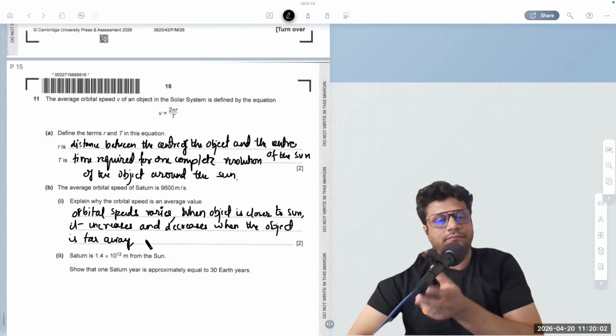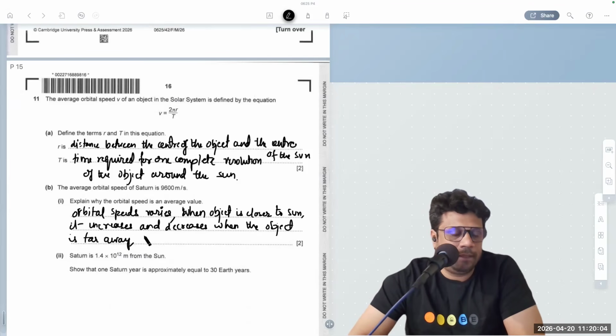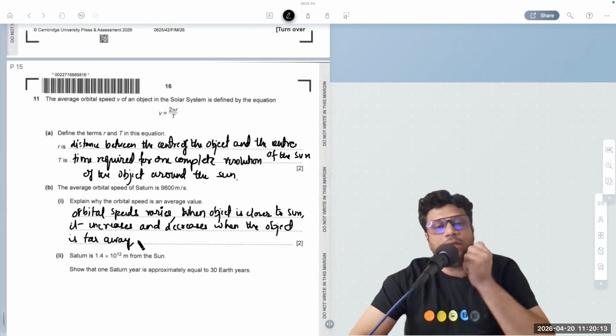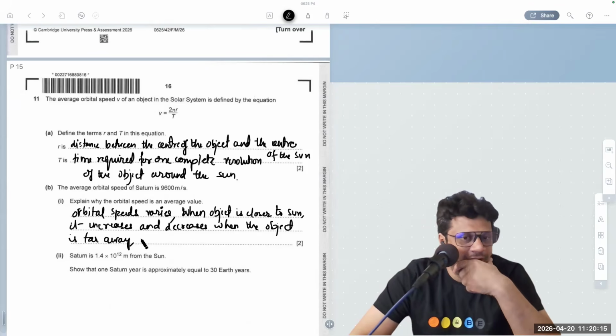So the speed that you calculate is average.